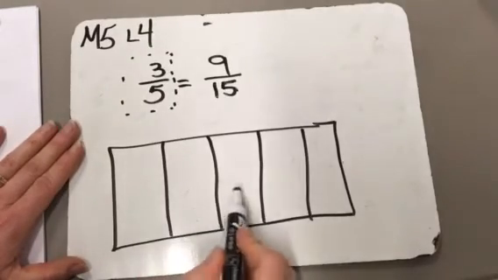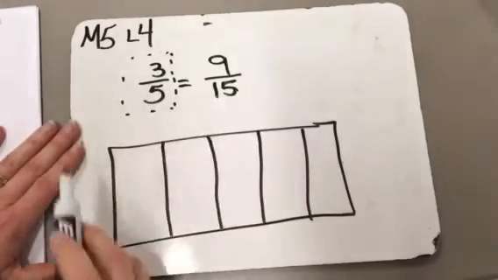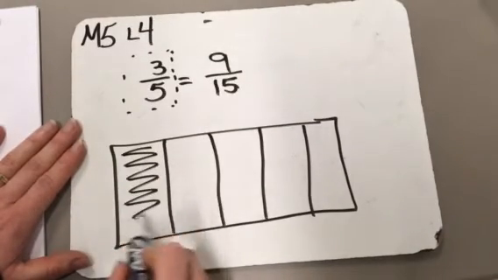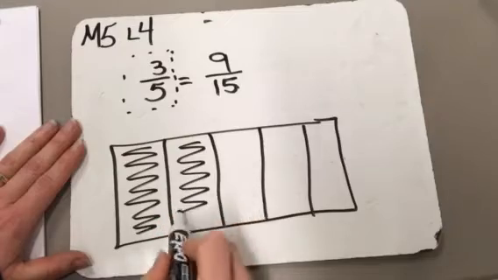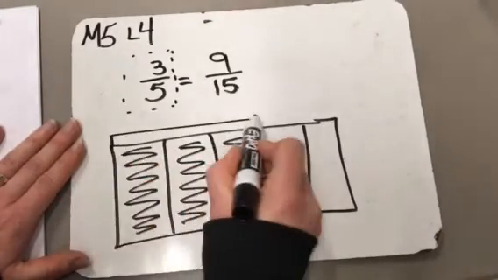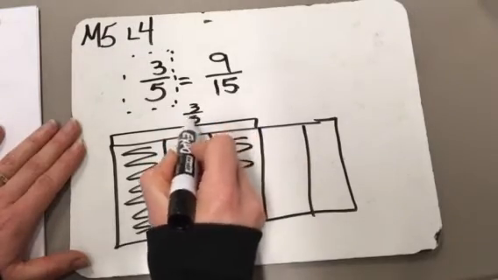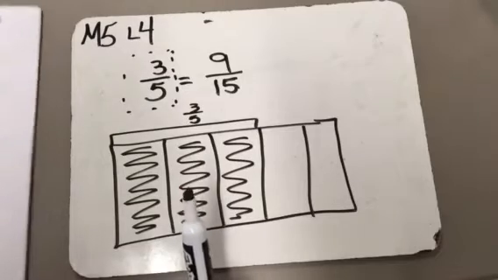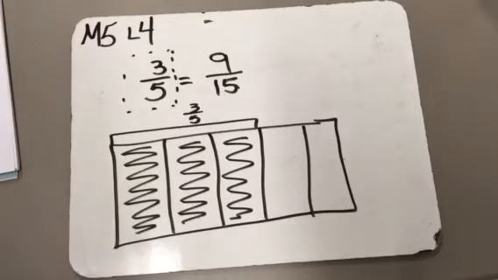I have 1, 2, 3, 4, 5 pieces. That's my denominator. It's my total number of pieces. I'm going to shade in my numerator. The pieces that are shaded is the top number. 3/5. And I'm going to label this 3/5. Somehow I have to turn this into 15ths. Holy cats-a-rolly. Go ahead and pause while you think about that.